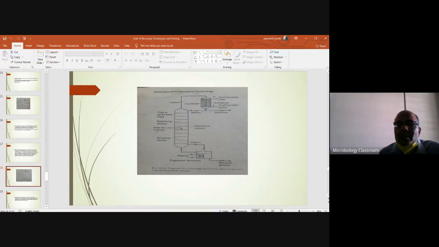This is the evaporator vapor. It goes through the distillation column. Again, this is the cooling water, condensate, distillate. So in a continuous fashion, this continuous evaporator works.